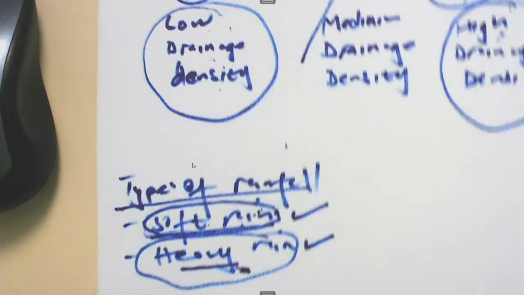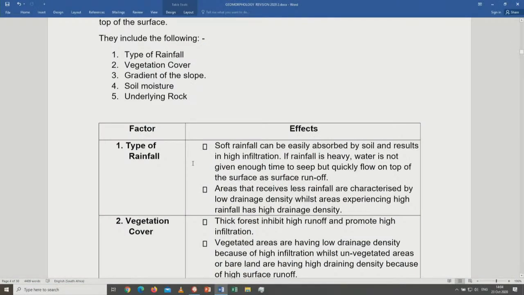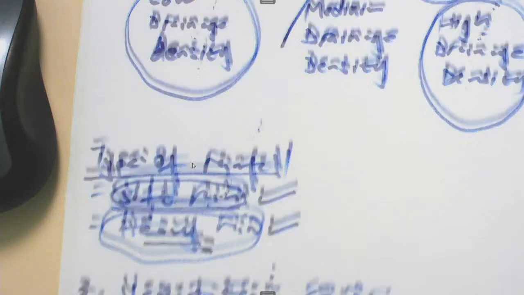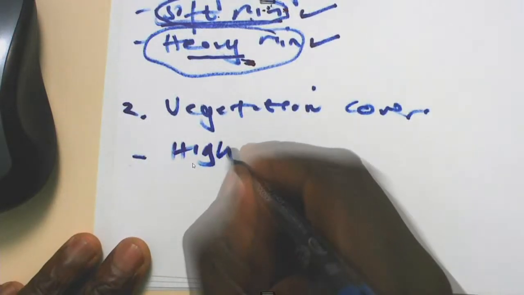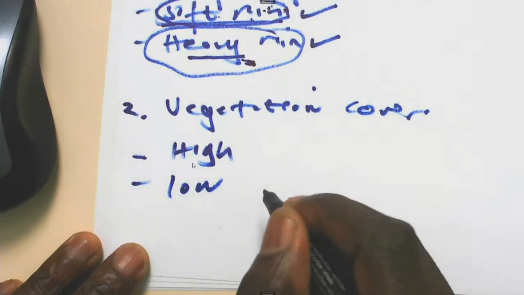And then the second example will be vegetation cover. In the vegetation cover, we'll be looking at whether the vegetation is high or low, or less.